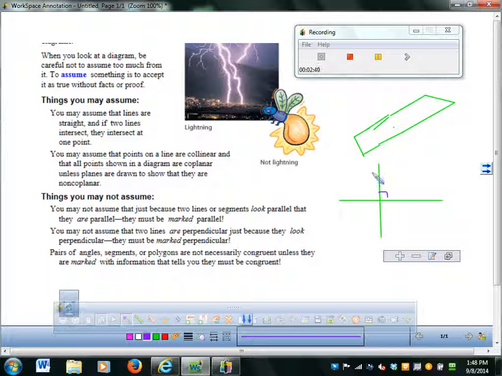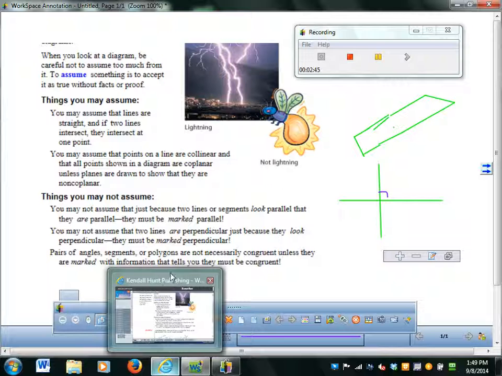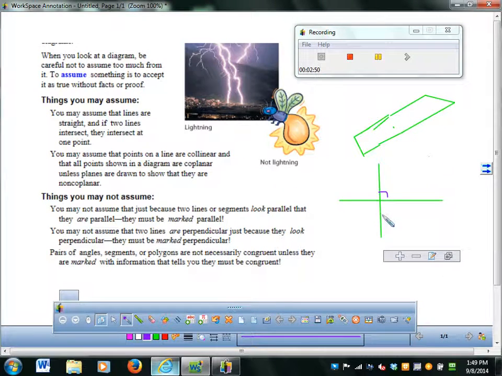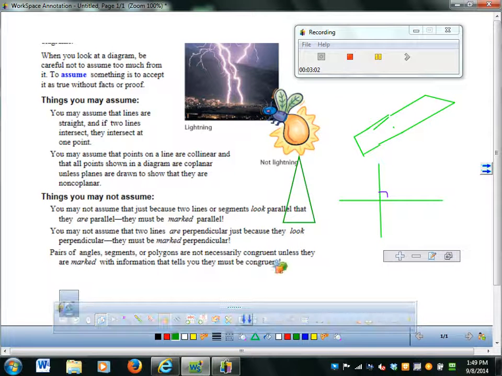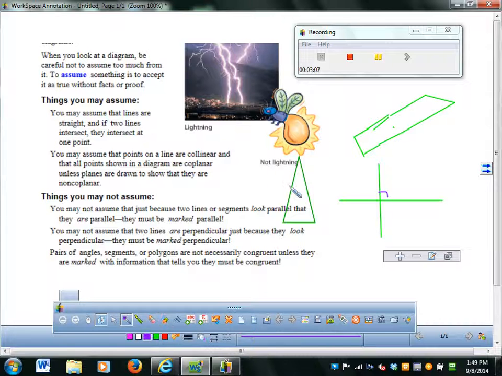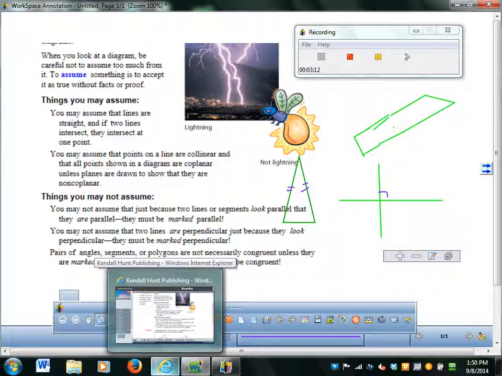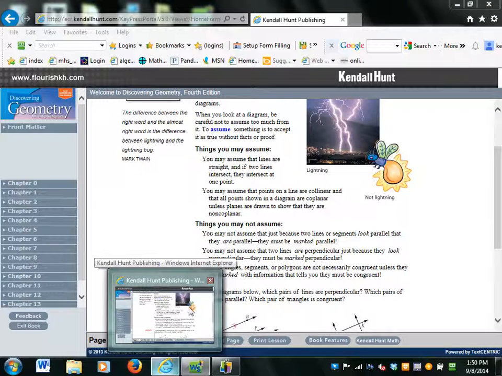And if you see a triangle that looks like this, what can you tell me about that triangle? It's a triangle. You can't assume that these two sides are congruent unless it's marked up like this, and now you can assume that those two sides are congruent. So be careful of your assumptions.